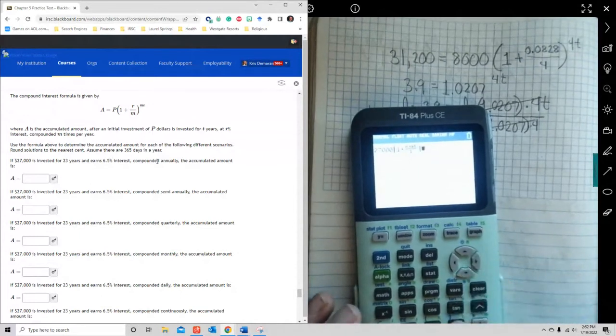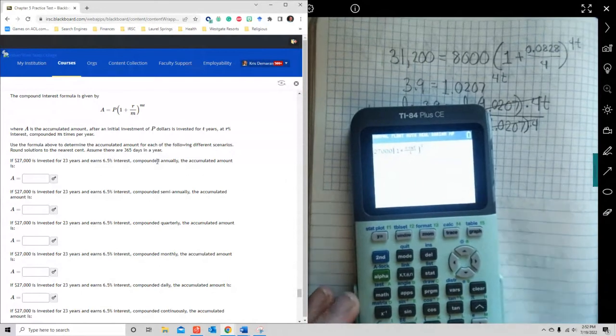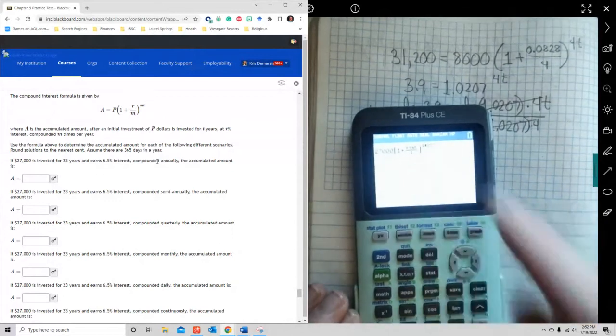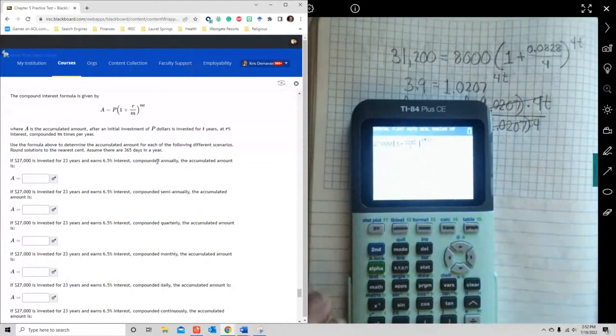It won't make a difference in my evaluation, but it's going to set it up for the next problems. So times 23 years. So I put a 1 and then a 23. So then I get the amount of $114,922.41.